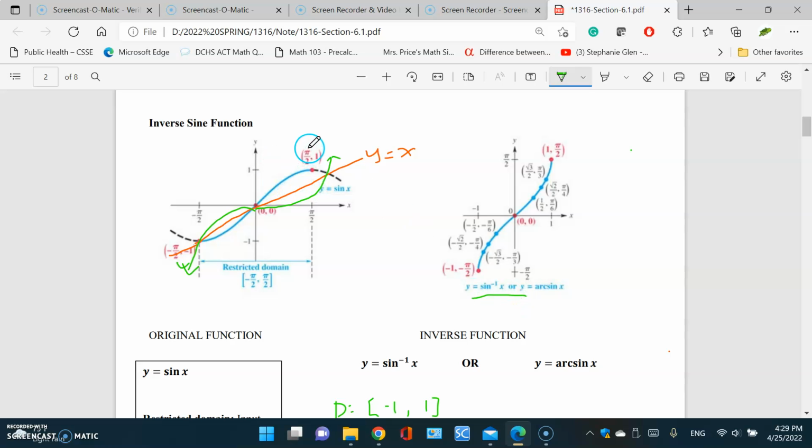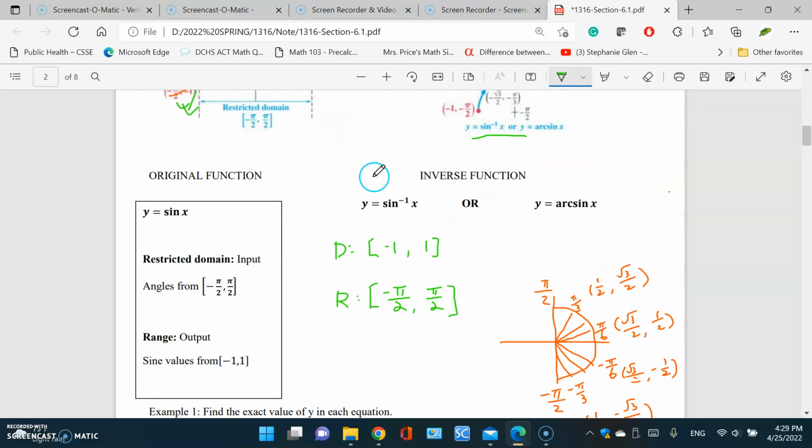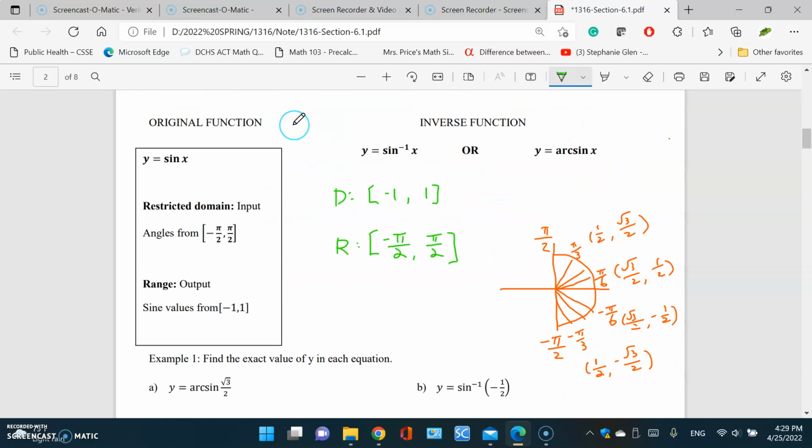So all the domain of the sine function will turn to the range of the sine inverse function. The thing you need to know is the original function is sine x, and the inverse of the sine function is sine inverse x. The original sine function has a domain between negative π/2 up to π/2. The range is negative 1 up to 1.